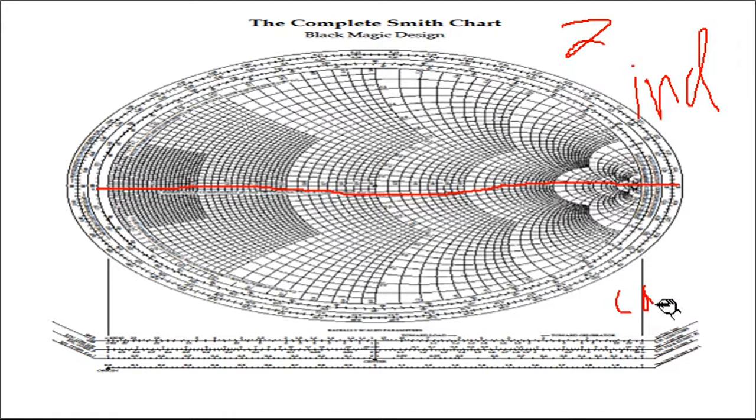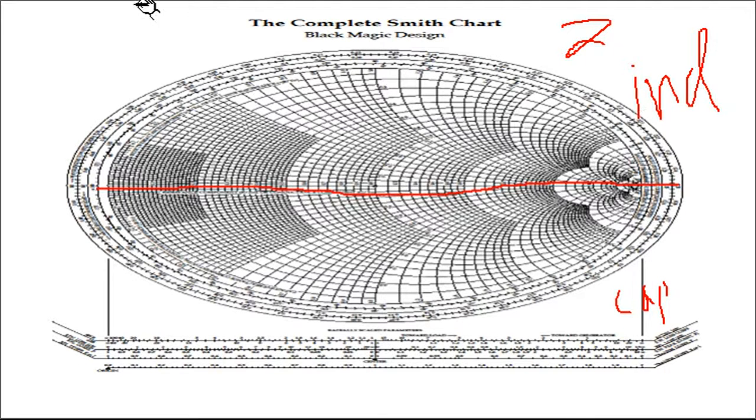Now I will repeat this. Whenever I am talking about impedances, that means ZL, Z0, whatever it may be, whenever in the numerical the values are given in terms of Z, the upper half is inductive and the lower half is capacitive.